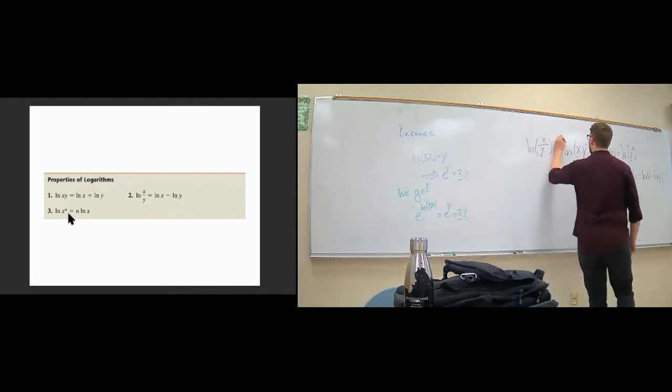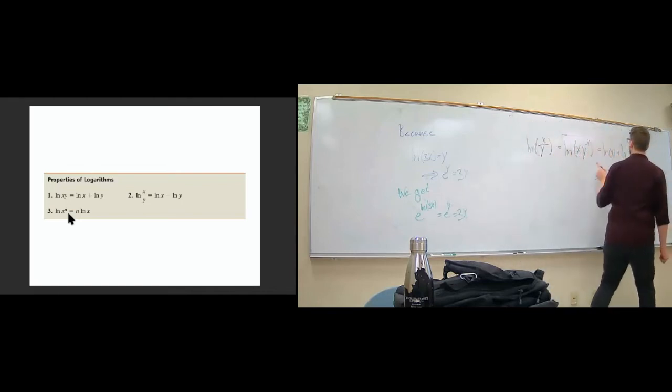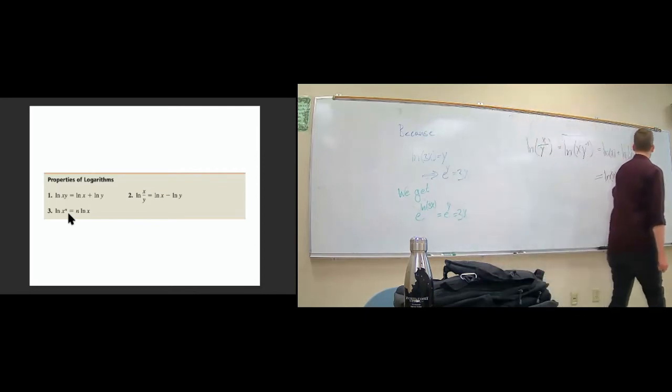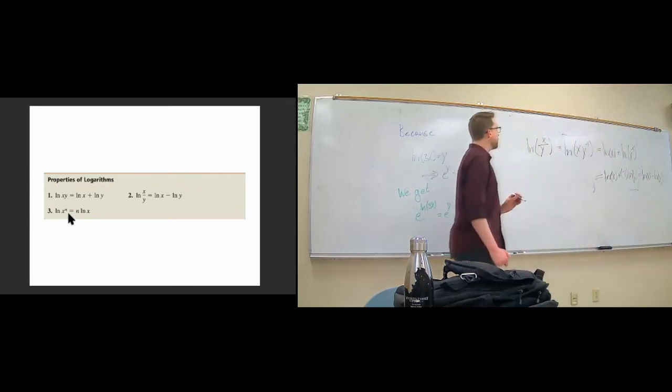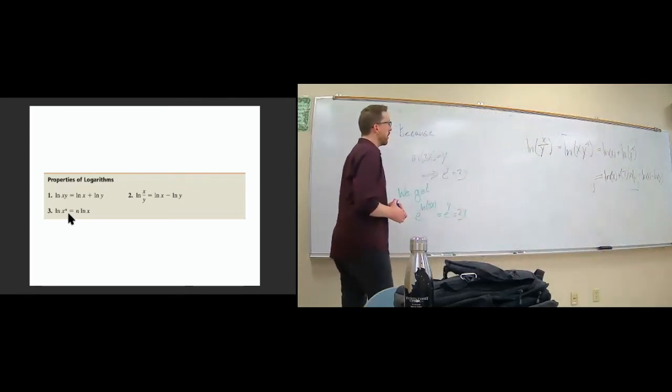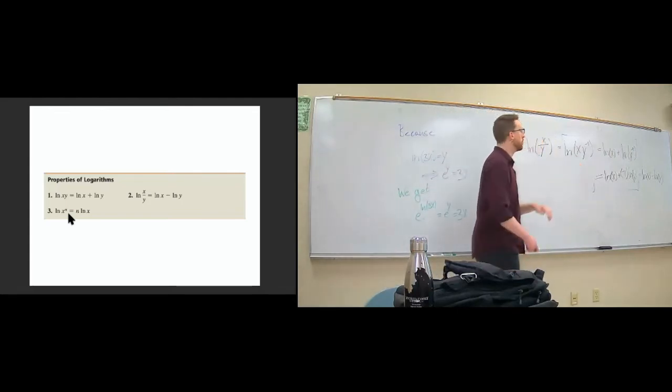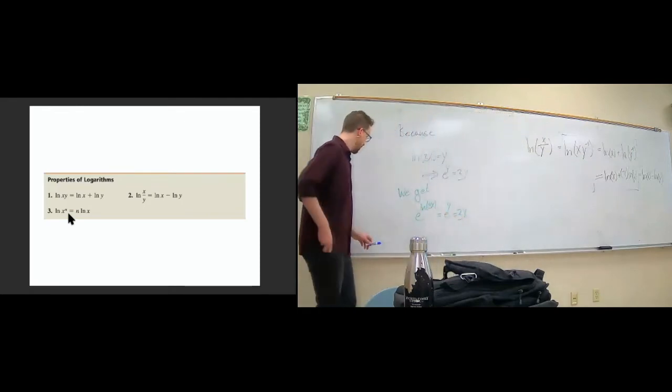So here, we're using that first property, and here, we're using that third property. And from here to here, all we're doing is rewriting things in terms of a power, right?